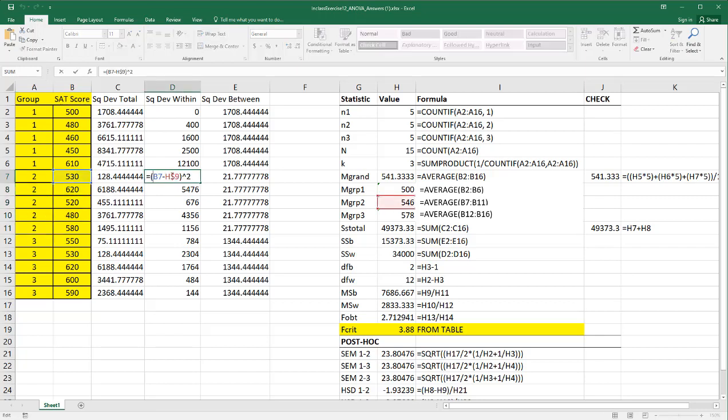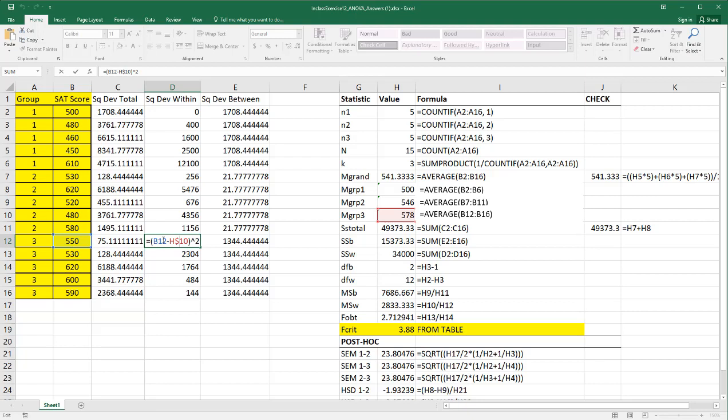And so because of that, we now want to say how far is the individual from the mean for group 2, which is at H9. And then when we get to the third group, we once again are going to shift to the mean for group 3, which is at H10. And so when we look at group 3, it's going to be the individual score minus H10.